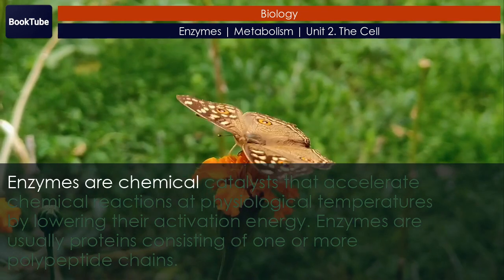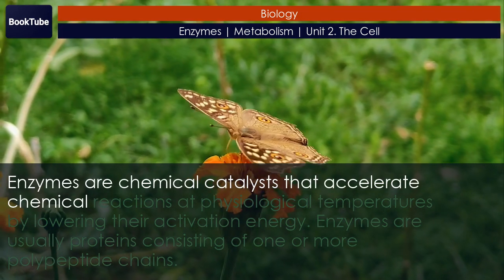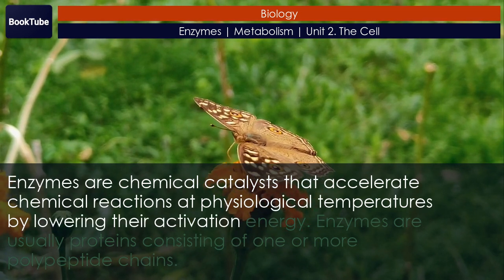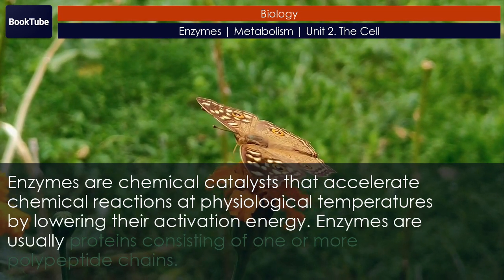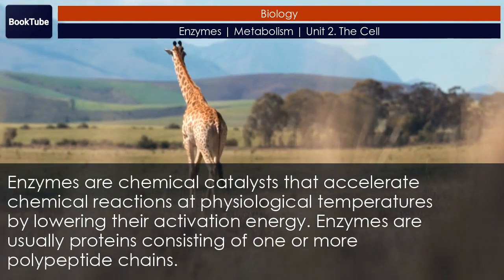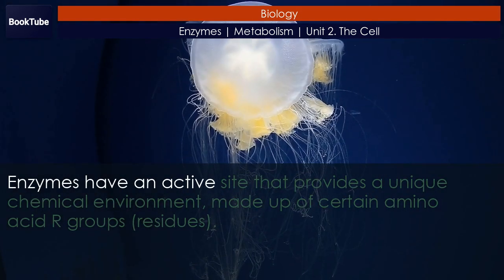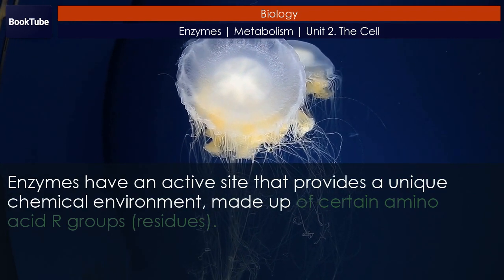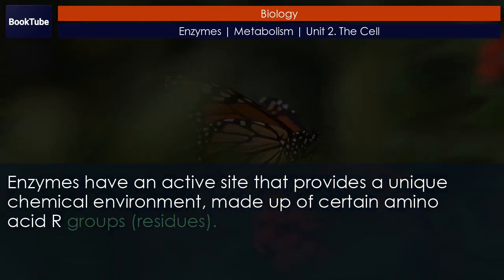Enzymes are chemical catalysts that accelerate chemical reactions at physiological temperatures by lowering their activation energy. Enzymes are usually proteins consisting of one or more polypeptide chains. Enzymes have an active site that provides a unique chemical environment, made up of certain amino acid R groups, residues.